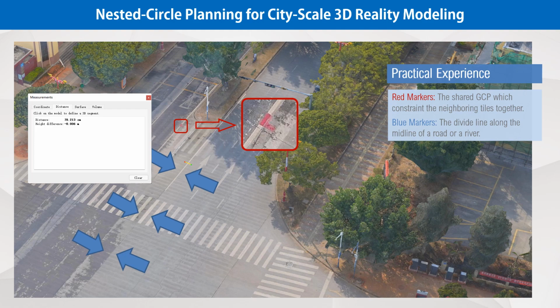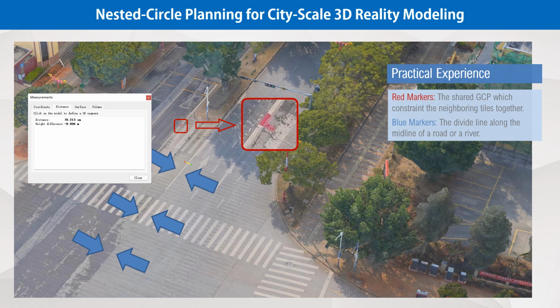Those GCPs are deployed along the dividing line uniformly, constraining the neighboring cells together. The blue arrow points to where the dividing line is. I don't think you can see where we divide the cells because the height difference is only 6 mm.